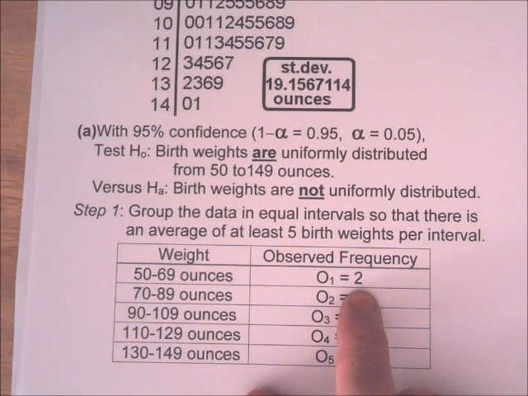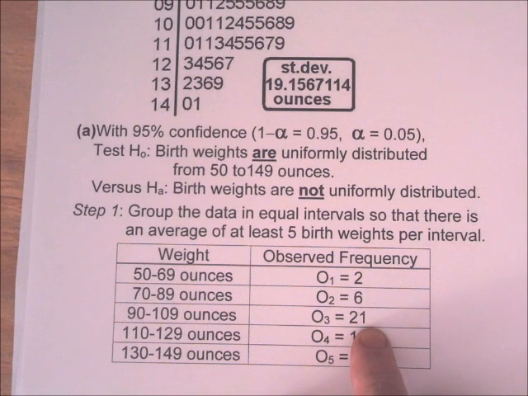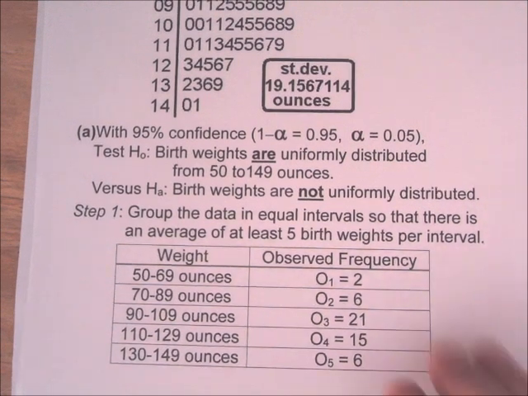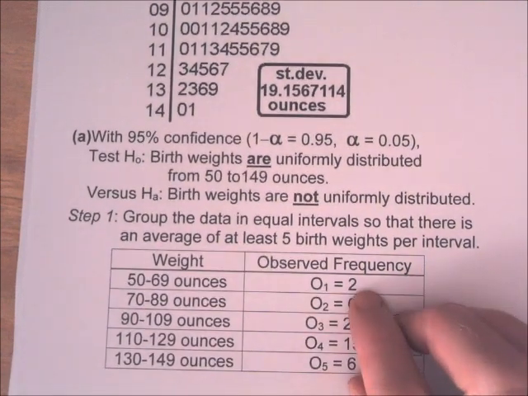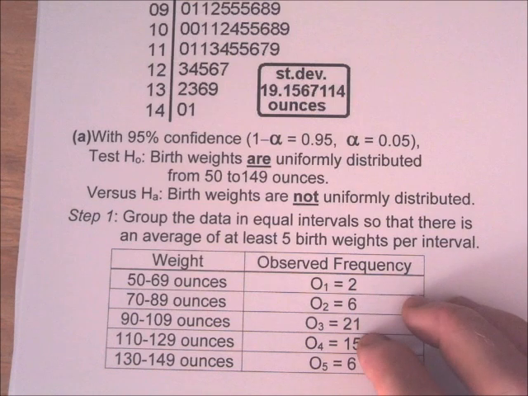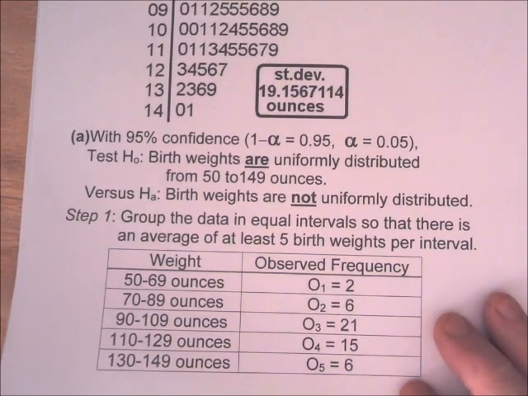We had 2 babies in the 50s and 60s, 6 babies in the 70s and 80s, 21 babies 90 to 109, 15 babies 110 to 129 ounces, 6 babies 130 to 149 ounces. So mostly there's only one interval with less than 5 birth weights, and certainly the average is more than 5 birth weights per interval.